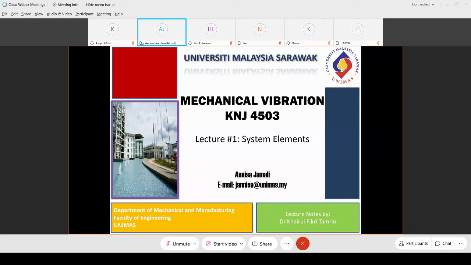And we also looked at an example of the mathematical model of the motorcycle, which shows the combination of the spring and also damper in the system itself, right?